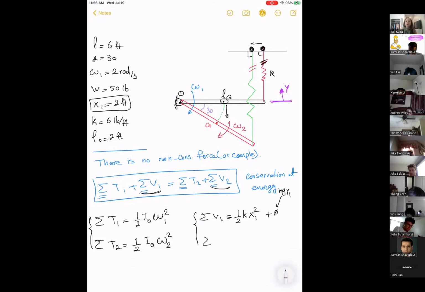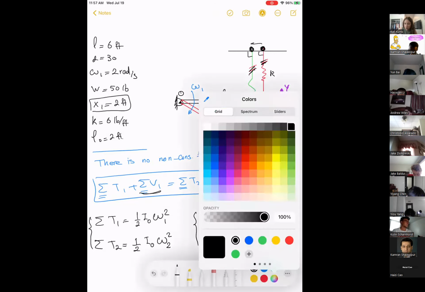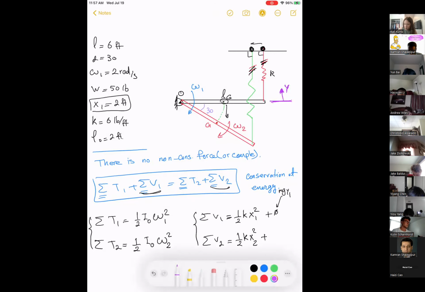The final potential energy: your spring stretches further here, so you're going to get half K x2 squared. And now you have this height as y2. How much is it?